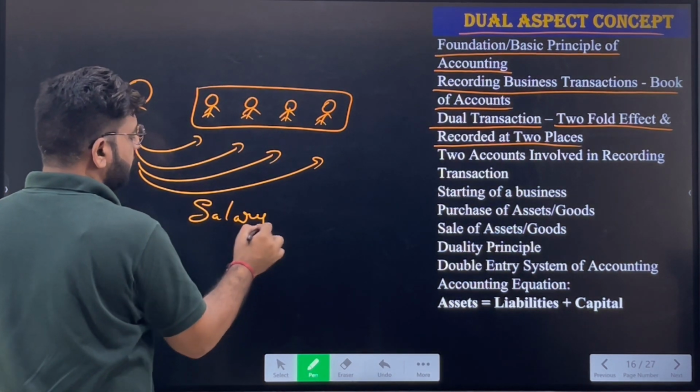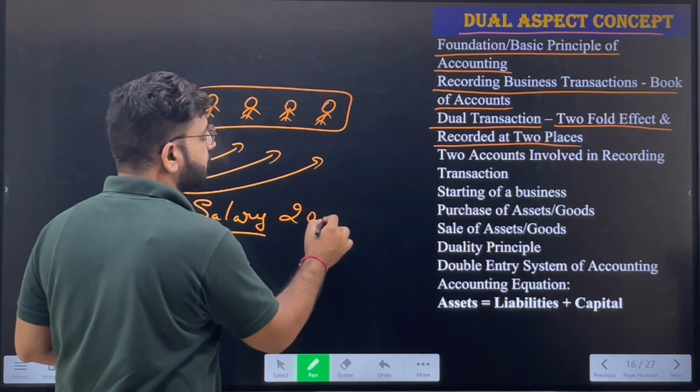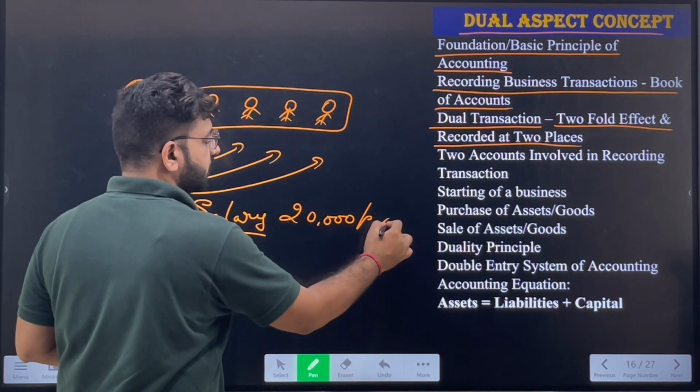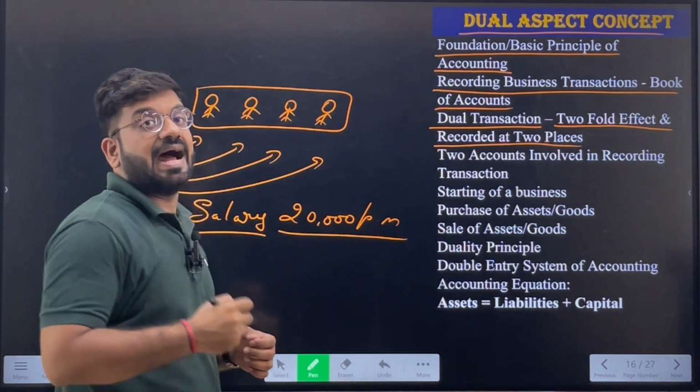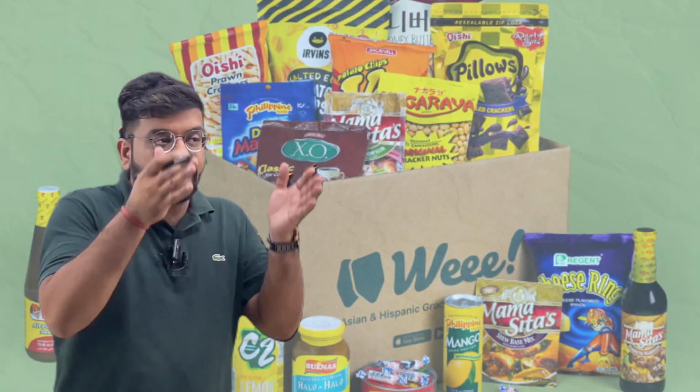Suppose the salary which I am paying to my employees is 20,000 rupees per month to each employee. So 20,000 rupees I am paying in cash, and for that 20,000, what am I receiving? I'm not receiving any product, but I'm receiving the services. So every transaction will involve some or the other give and take facility. Is that clear?